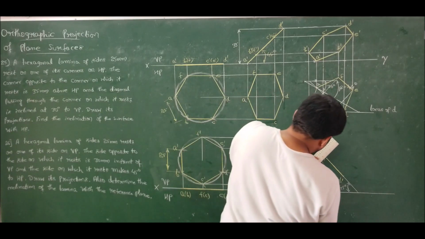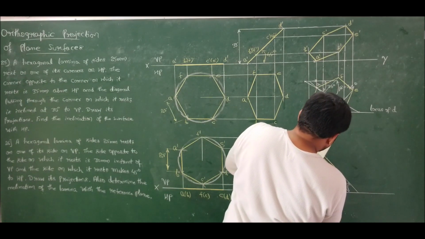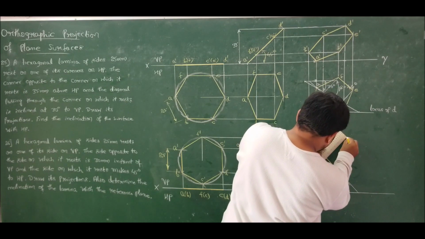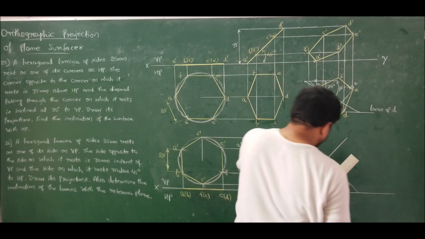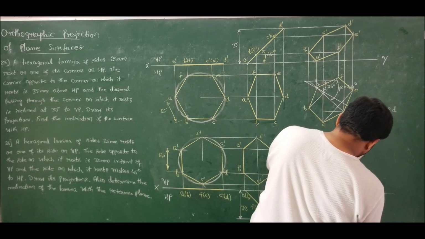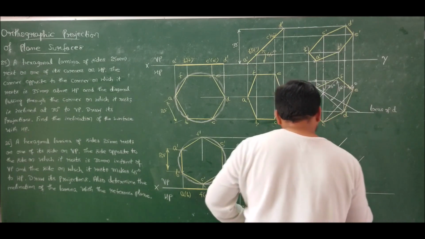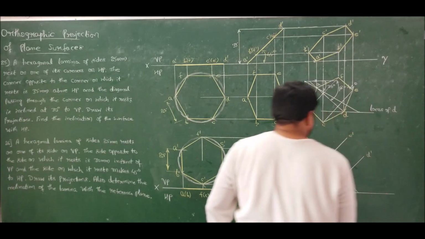Now I can measure AE and transfer it. Transferred. And also measure BD and transfer. Transferred. So I got D dash and E dash.